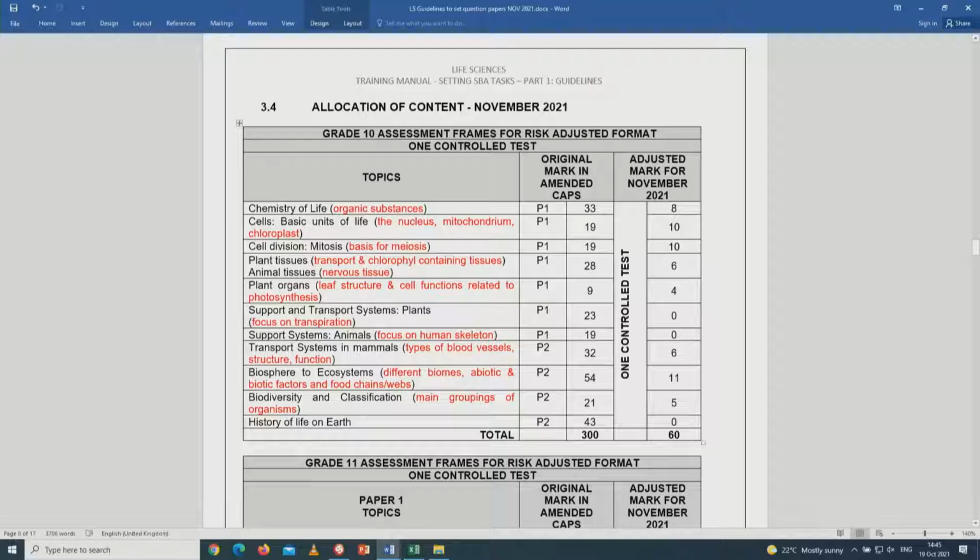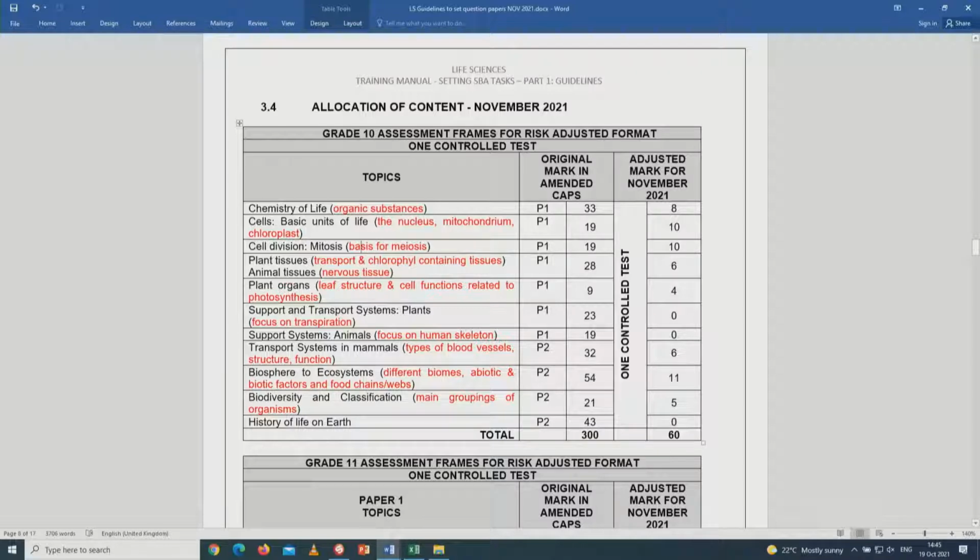organelles. Cell division. It's the basis for meiosis. So here it's 10 marks. You must ask questions on location and phases of mitosis that helps your learners to prepare for grade 12 meiosis.